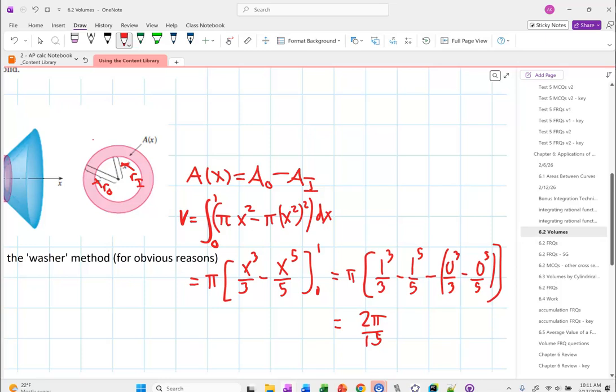It does look like a donut, but the problem with the donut is it's curved on the sides. A washer is a disc with a hole in it. This method, which we call the washer method, we use if we have a concave figure. So those are the two primary methods we're going to be talking about today, disc and washer. Okay?